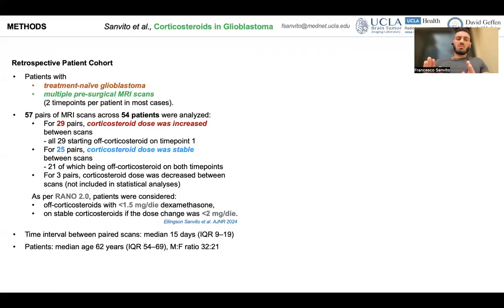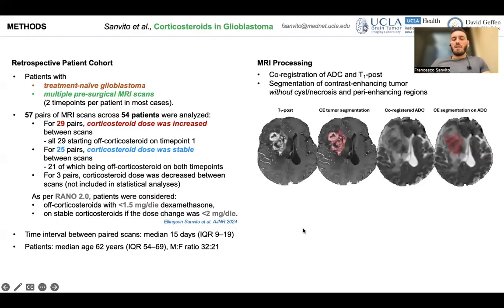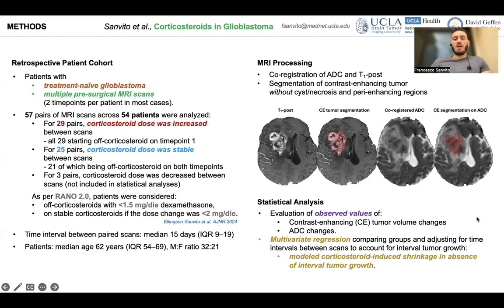All of the increased corticosteroids started from 0 in our course, so it was 0 to a certain increased dose, whereas for stable cases, almost all of the cases were 0 and 0 at both time points, so no corticosteroids, but a very small minority was on stable corticosteroids. We segmented the enhancing portion of the tumor and we extracted volumes and ADC values.